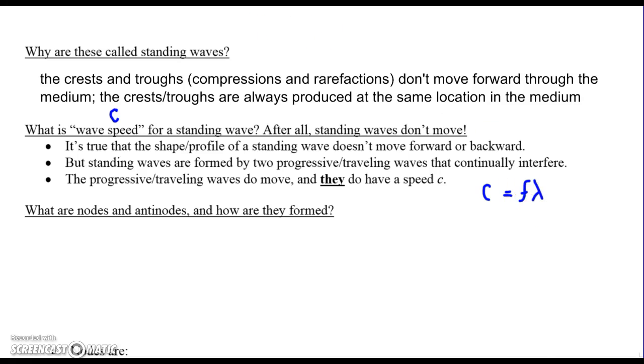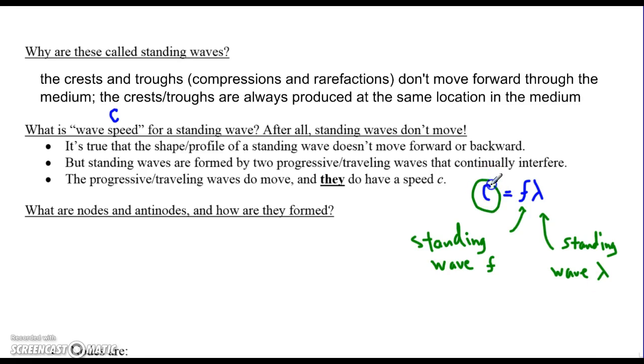So if you take the frequency of a standing wave, standing waves have some frequency, the standing wave frequency, and you multiply it by the standing wave wavelength, you might expect to get the standing wave speed.